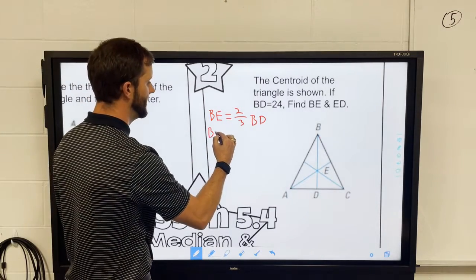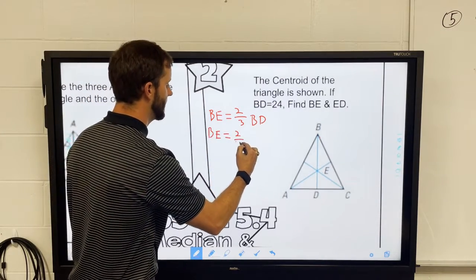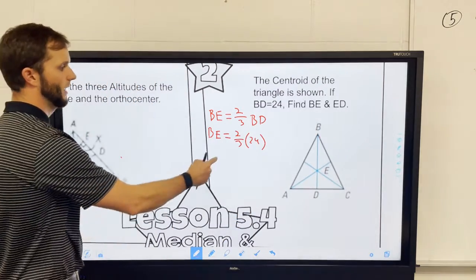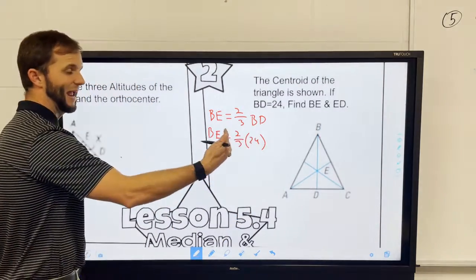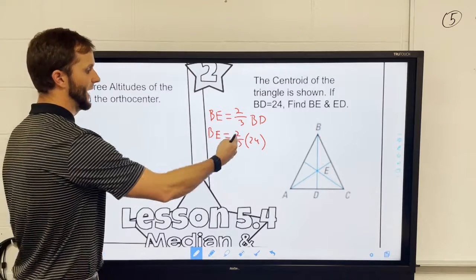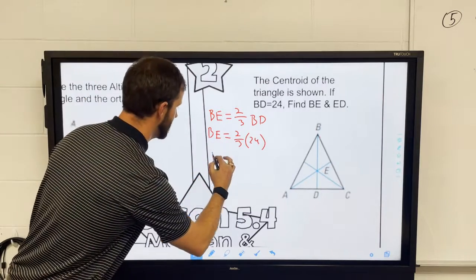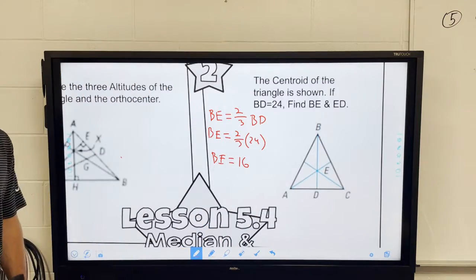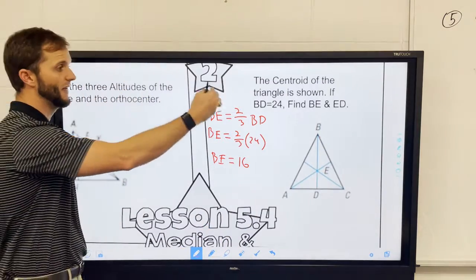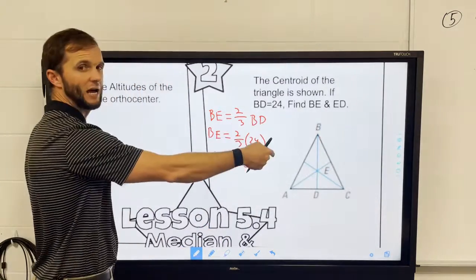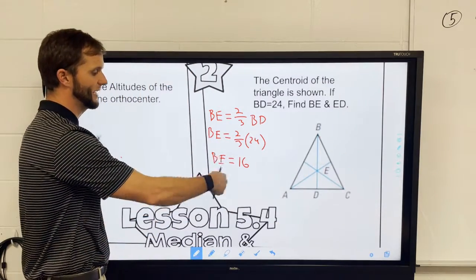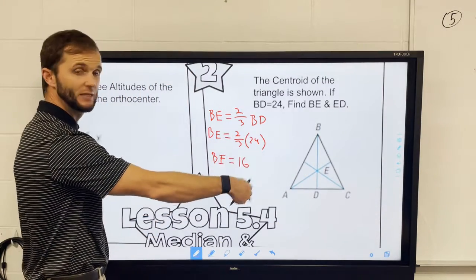So BE is equal to 2/3 of 24. 3 will go into 24 8 times, and 8 times 2 gives you 16. So BE is going to be 16. I also showed you earlier that B to E is 2 times the distance from E to D, so all I have to do is take half of BE to find ED.